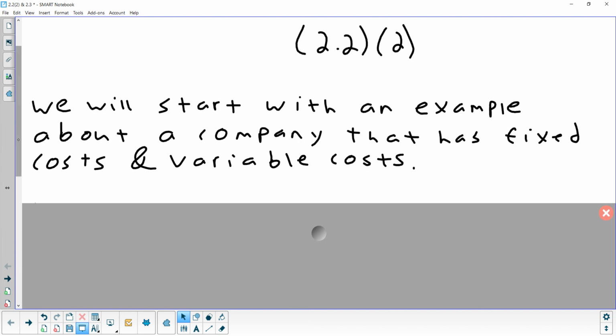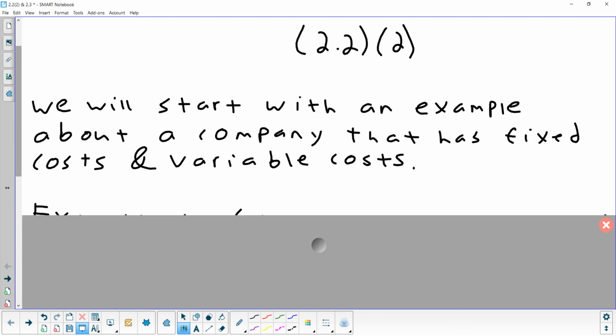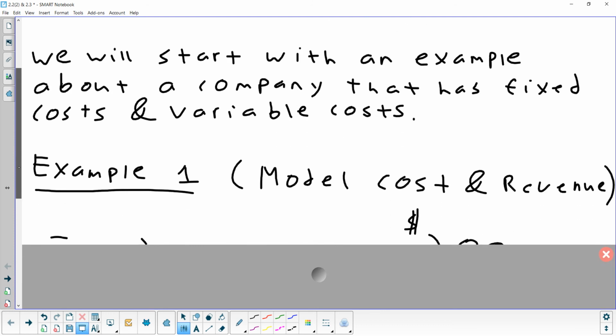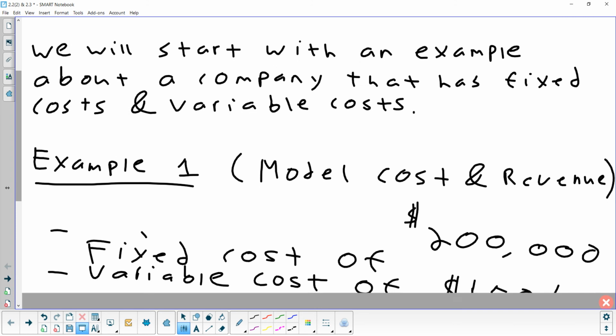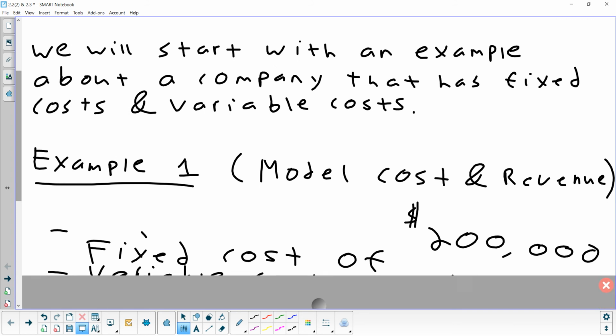So this particular company we're going to look at has costs associated with making their product, and they have what are called fixed costs and variable costs. An example of a fixed cost could be that the company has to pay $200,000 a month to rent all their warehouses or something like that.